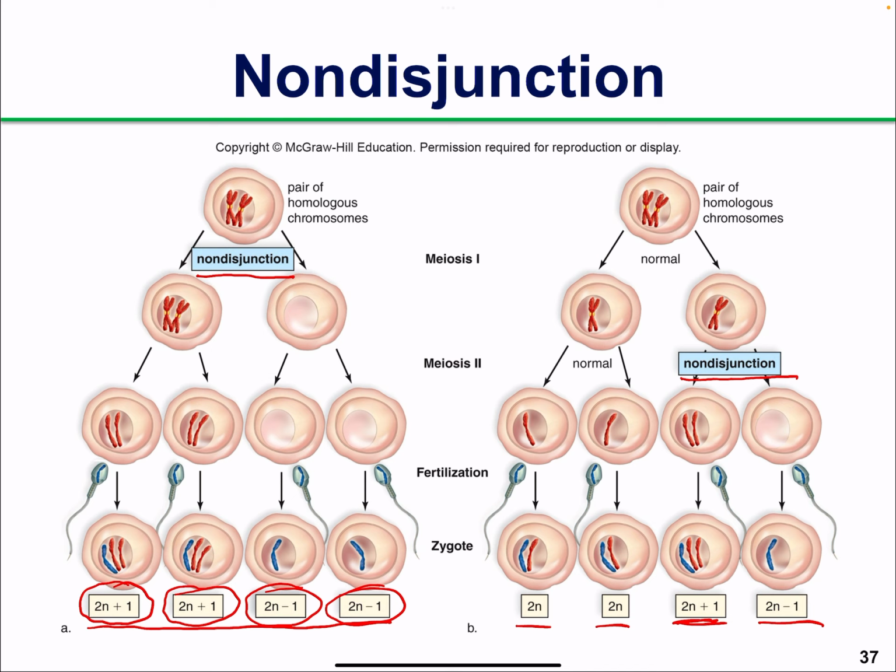Now, when I say plus 1, this is a case of trisomy, and minus 1 is a case of monosomy, right? Here we have two cells that are monosomy and two cells with trisomy. Okay, so all the cells are abnormal in the previous case, while two cells are normal here. This one trisomy, this one monosomy.